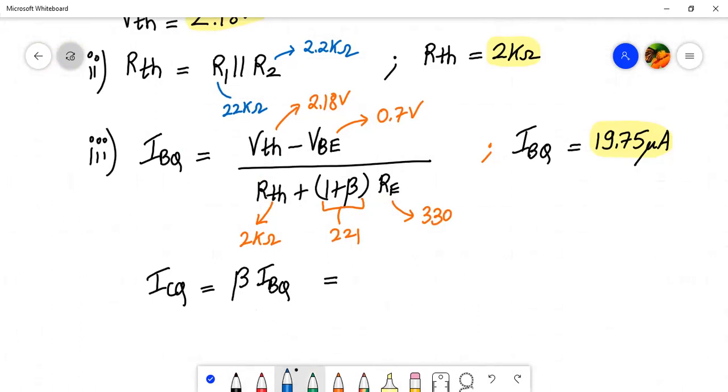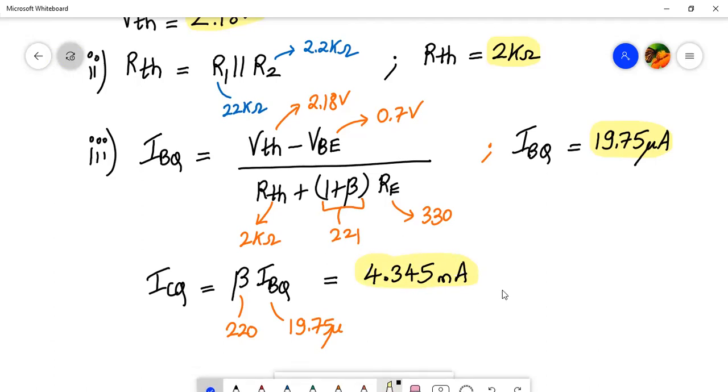Where the beta value is around 220, and the value of IBQ we just now calculated is 19.75 micro. So multiplication of this will give you the value of ICQ as 4.345 milliamperes. Kindly cross check the value, and if you get any different value than this, please write in the comment section so that we can also improve that.